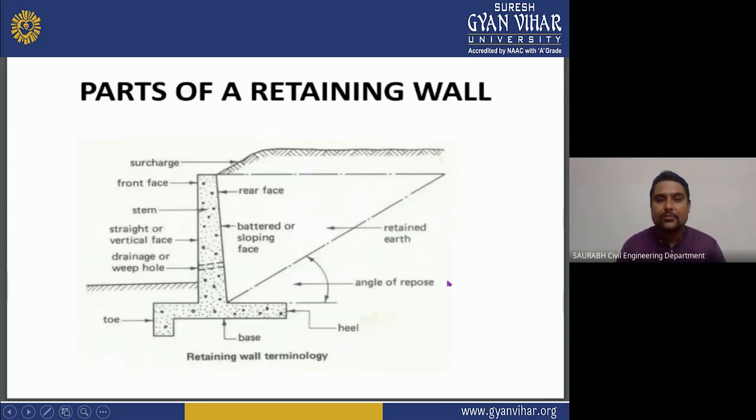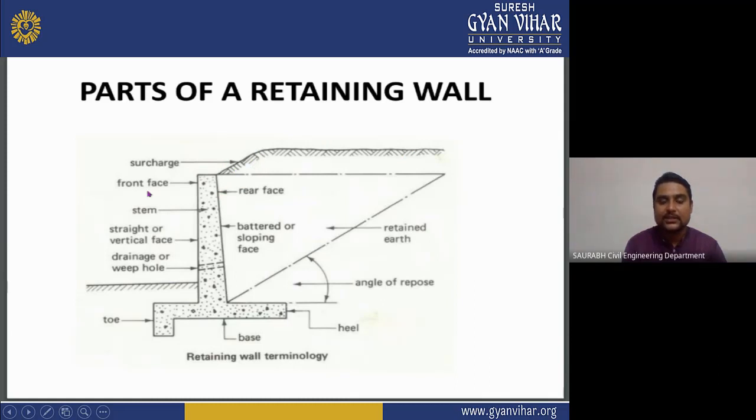Now we will know what the parts of the retaining wall are. First, you can see here this is your retaining wall, which is made of concrete. We will start from this side. As you can see, it is retaining something, which is surcharge, meaning the layer above the retaining wall is known as surcharge.